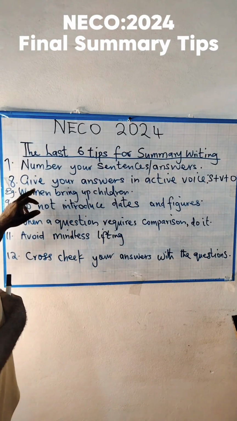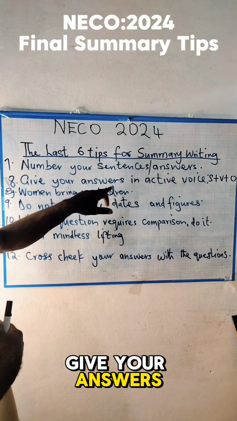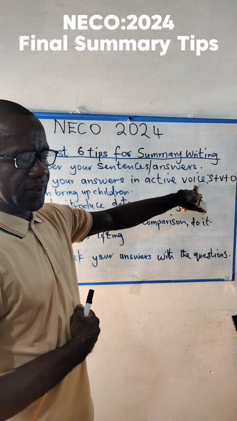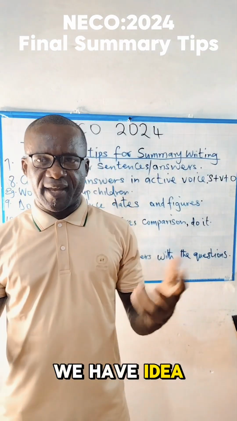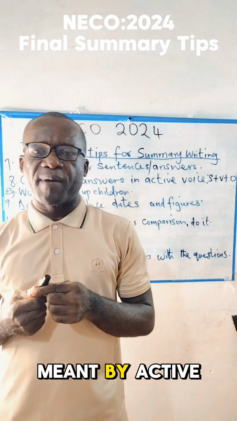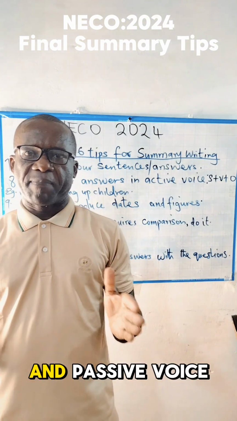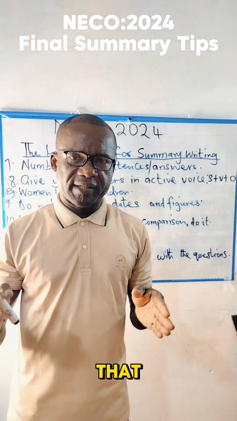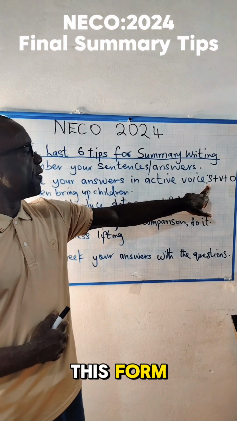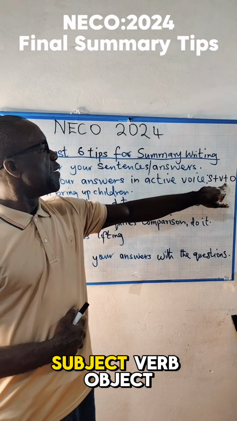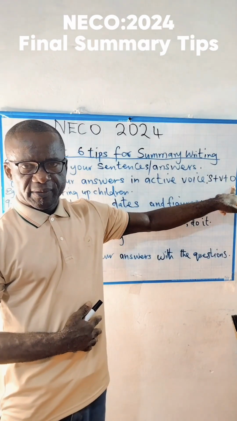Number 8, give your answers in active voice. I believe we may have an idea of what is meant by active voice and passive voice. It simply means that the structure of your sentence has to be in this form: subject, verb, object.